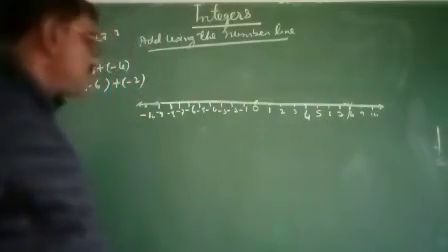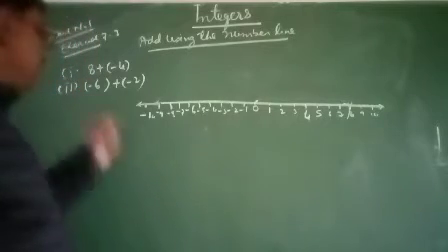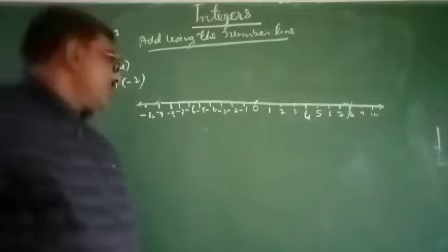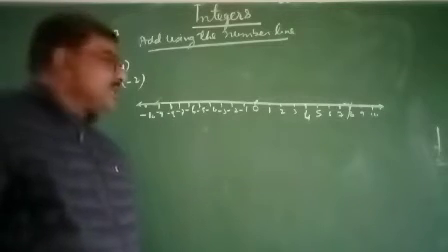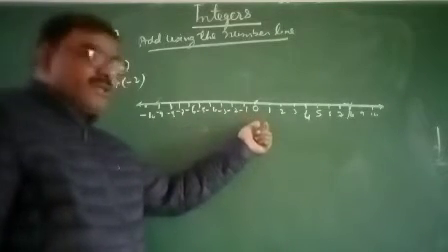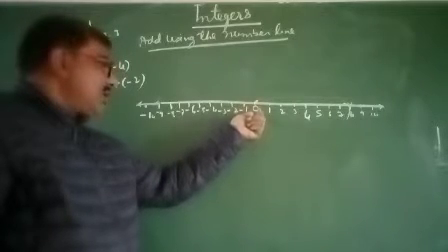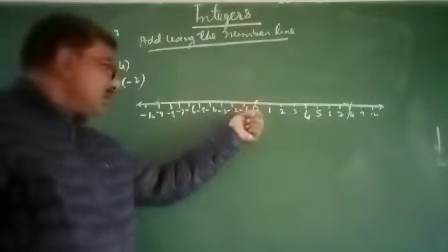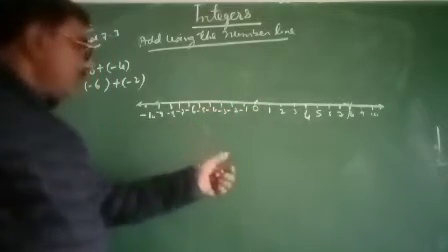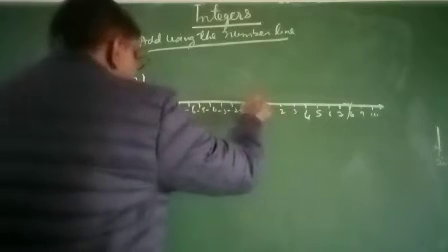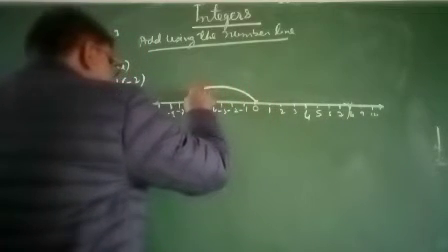Dear students, as you know, here is minus 6. As you see here, negative numbers are left of 0. So I will move left 6 steps from 0 and we come here.